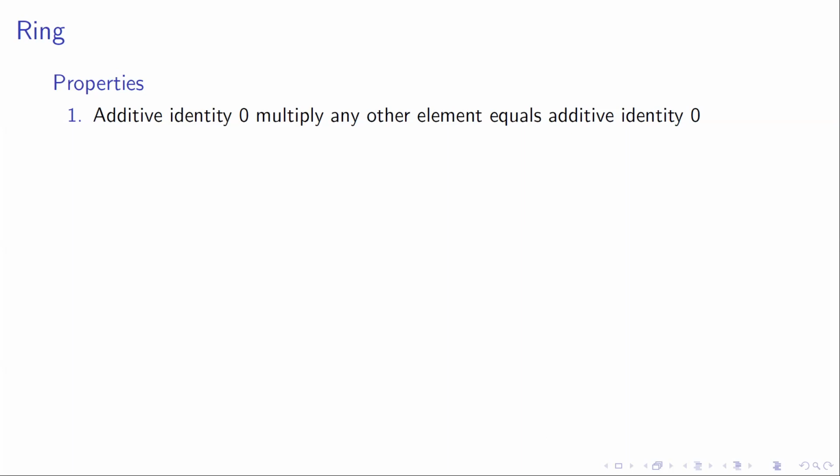I think there's another specific notation to represent a polynomial with degree. Maybe we just write the n somewhere here. You can maybe find the notation online.